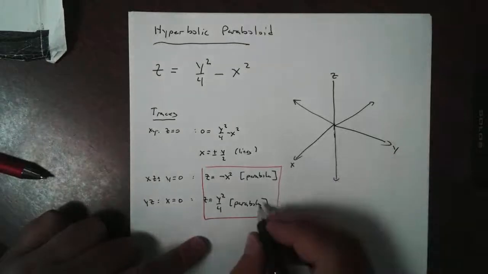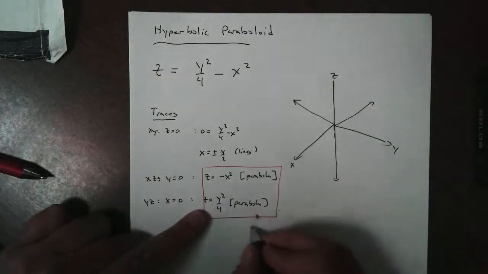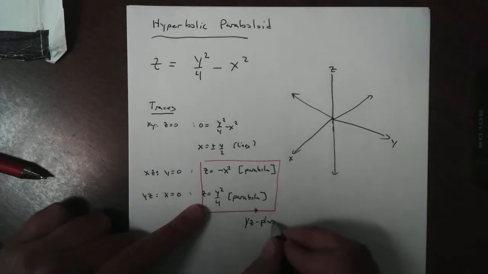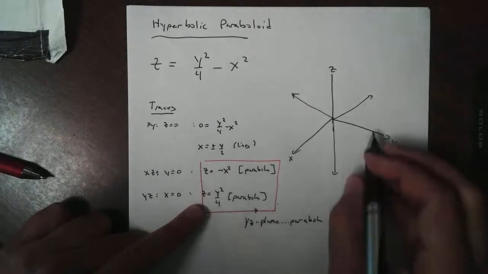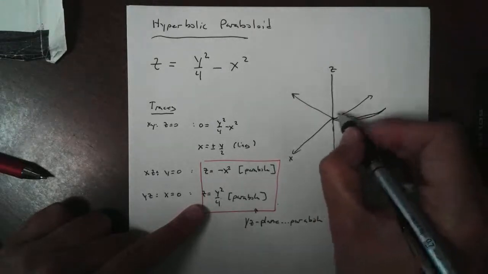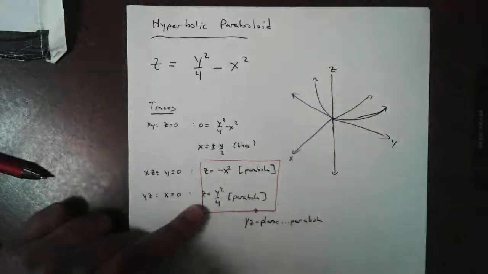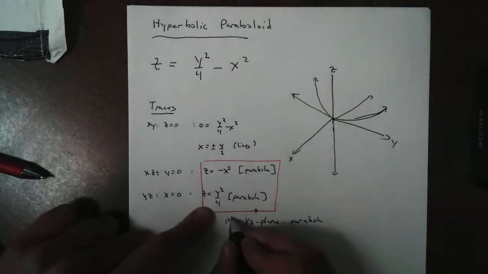I'm going to start with the positive one. Anything on the yz plane is a parabola, so on the yz plane I'm going to draw a parabola going up on both sides. I'm starting with this one first.